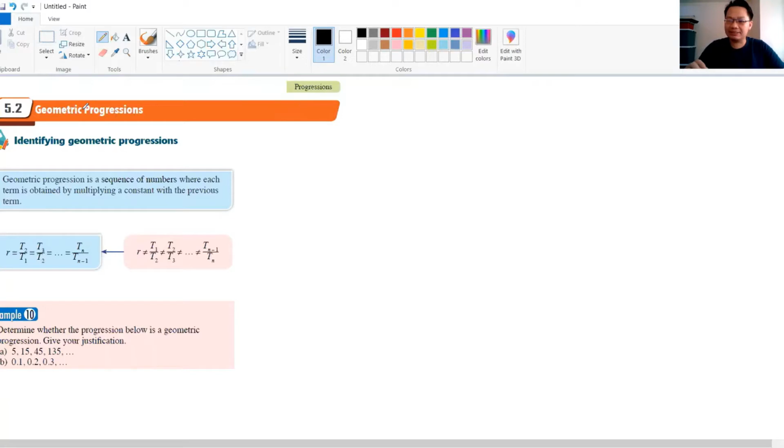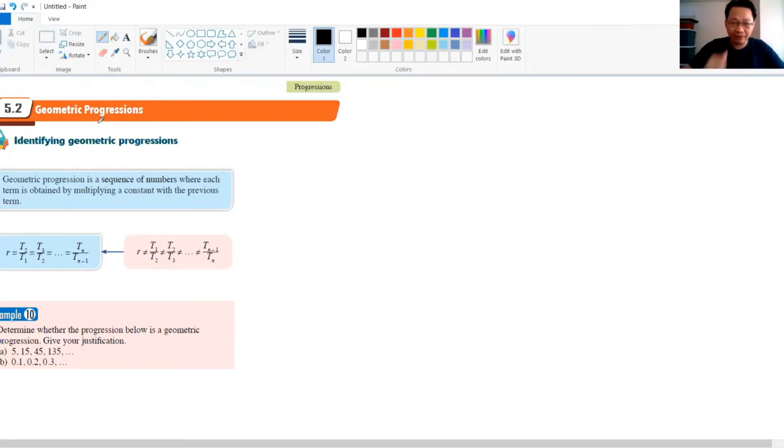So I simplify the geometry progression as GP, like what I did on the arithmetic progression. I said the arithmetic as AP. So for GP, how to identify? Similar to AP, how do we identify AP?